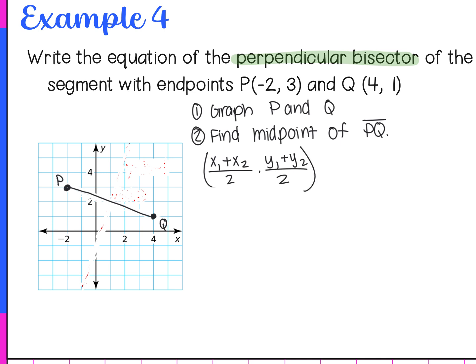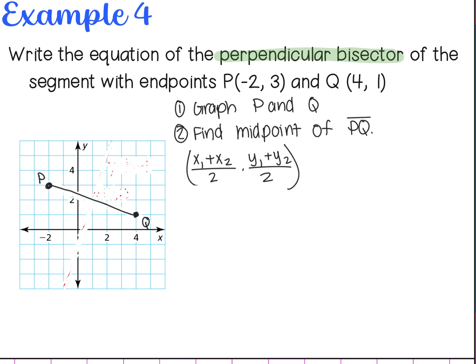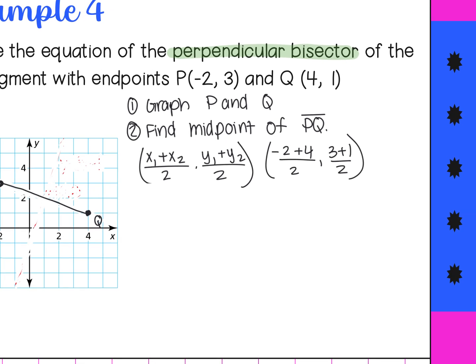And now I'm just going to go ahead and plug in using the 2 points that they gave me. If you're plugging in, you're going to get negative 2 plus 4 over 2, and 3 plus 1 over 2. Okay, solving it, negative 2 plus 4 is going to give you 2 over 2, which is 1 as a whole.